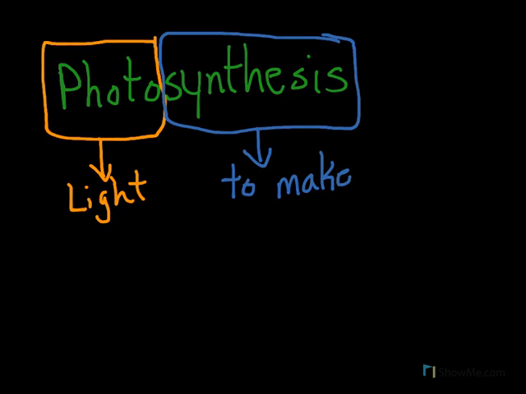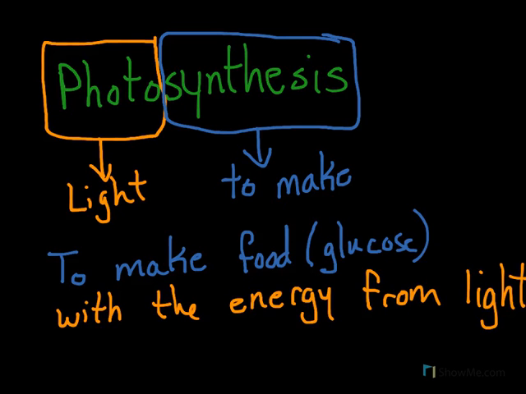So this literally translates to make a molecule from the energy from light. So to make food, which we know is glucose now, and with the energy from light is the definition of photosynthesis.